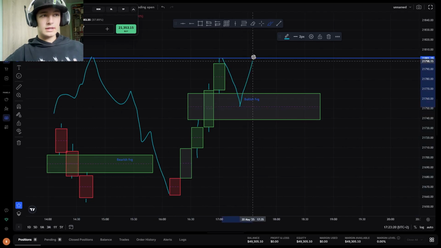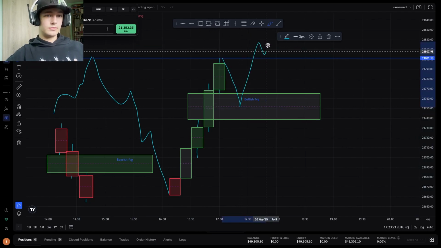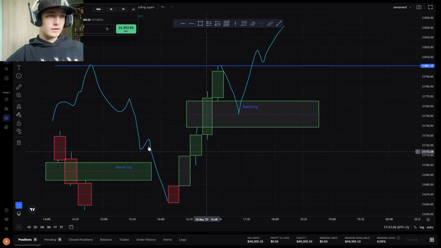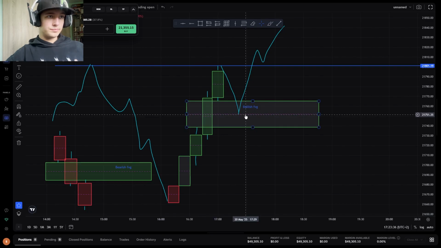So let's look at how a fair value gap comes into play right here. Maybe we have a bullish fair value gap right here, and then some small little candles.